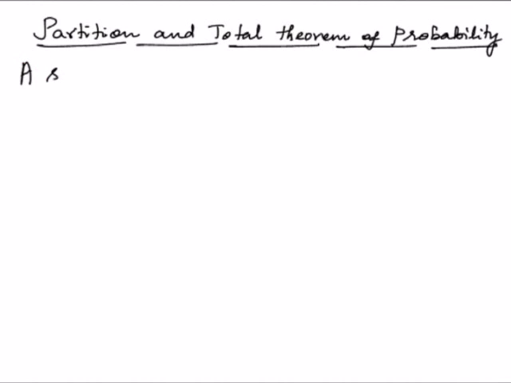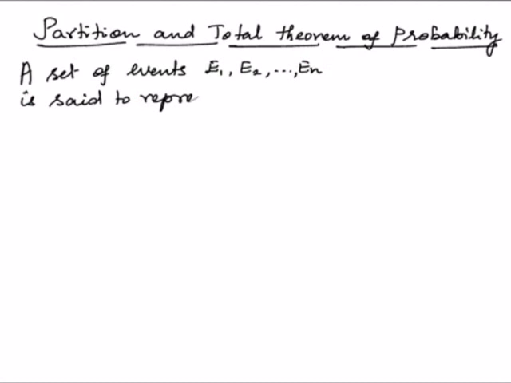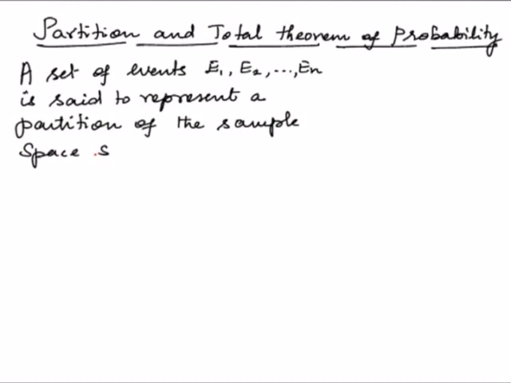So consider a set of events E1, E2, E3, etc. till En, and let them represent a partition of the sample space if Ei intersection Ej is equal to phi for i not equal to j, varying from 1 to n.